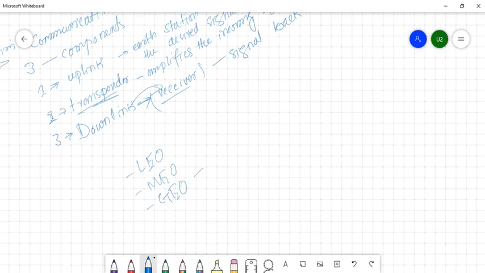Okay, so the satellite located in low earth orbit takes around 120 minutes to orbit around the earth. Similarly, medium earth orbit takes 6 hours, and geostationary earth orbit takes around 24 hours, or a day.